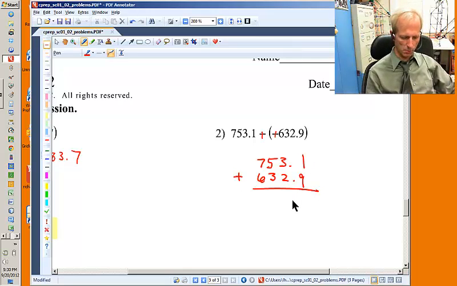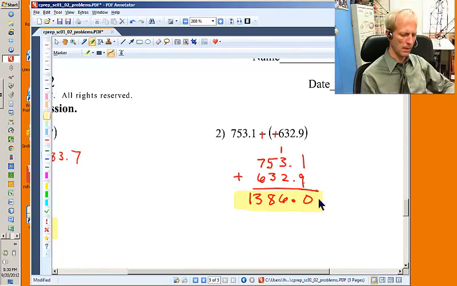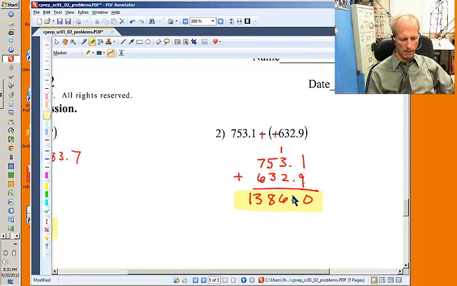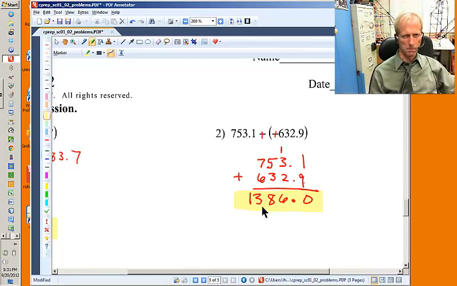So I'm going to line up the decimals, put a decimal down below, add 9 and 1, I get a 0, carry a 1, 1 and 3 is 4, 4 and 2 is 6, 5 plus 3 is 8, and 7 plus 6 is 13. And so I get 1386.0. Both of those were positive numbers, so I'm going to get a positive number as my sum.